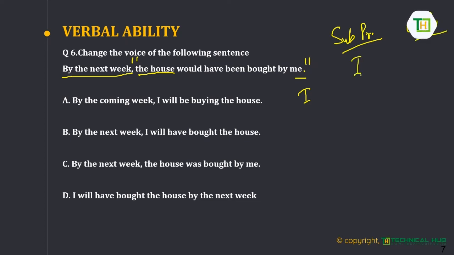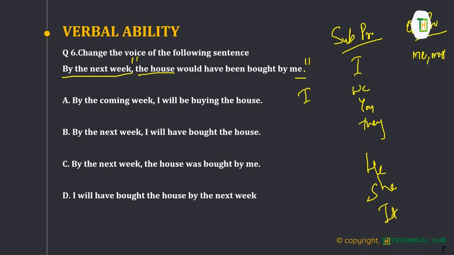Subjective pronoun means I, we, you, they, he, she, and it. When it moves to objective pronoun, I becomes me. Sometimes, rarely, my book, my pen, my mother also come. So my, me, or sometimes mine might come.